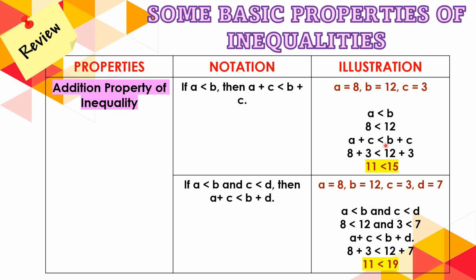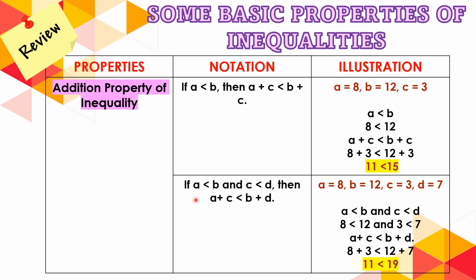A plus C is less than B plus C. It becomes 8 plus 3 less than 12 plus 3. So getting the sum on both sides of the inequality, the result will be 8 plus 3 is equal to 11, 12 plus 3 is equal to 15, so we have 11 less than 15.